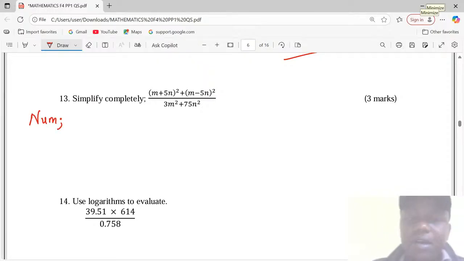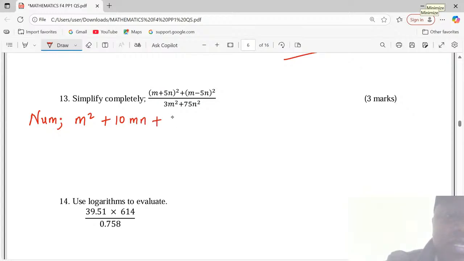When we have m plus 5n squared, we square first. So m becomes m squared, then plus 2 multiplied by m times 5n. I'm using quadratic identities of squaring. That becomes 10mn, then plus 25n squared.